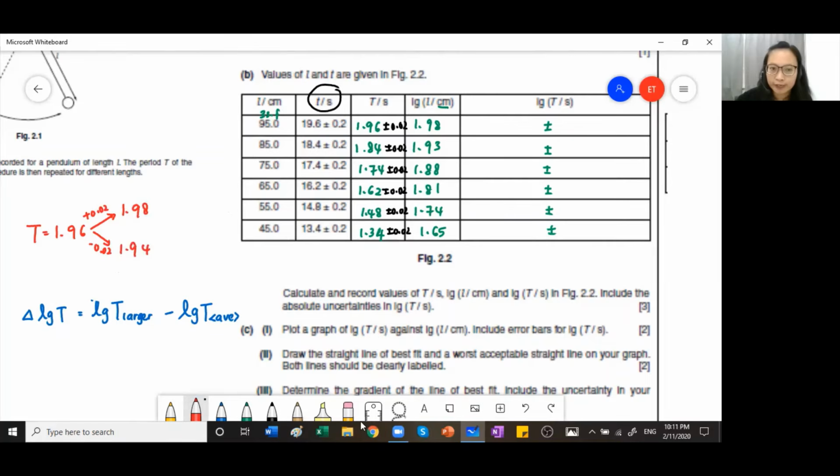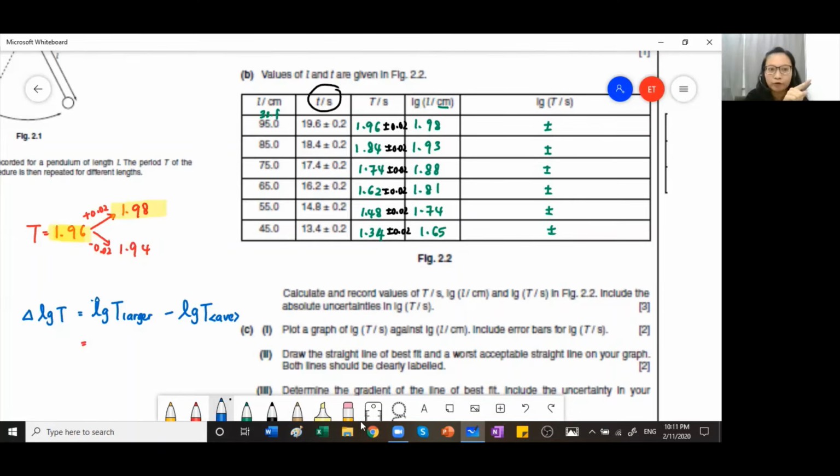So how you do it is that you just take the larger value, because I prefer positive. So I'll just take this larger value minus my average value. That's simple. I mean, not 1.98, it's actually log 1.98, because if it is a log, you have to log the value.